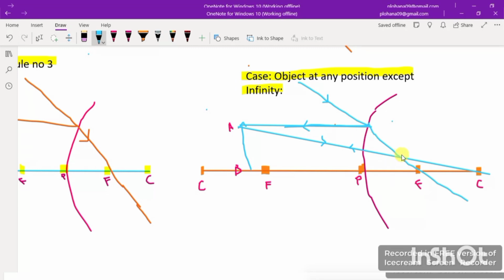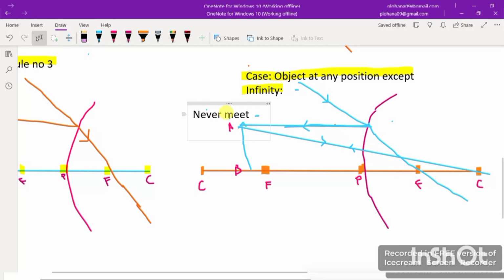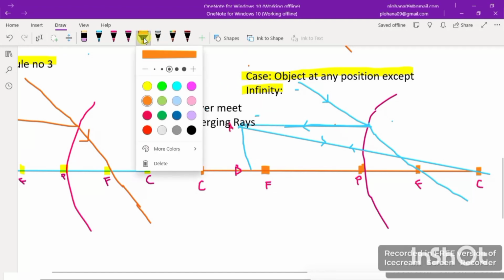As you can see here, these both lines will never meet. Why won't they meet? Because these are divergent rays, right? So I'm writing here, never meet. Why never meet? Just because these are diverging rays, right? You can see here, these are the diverging rays. That's why they cannot meet.